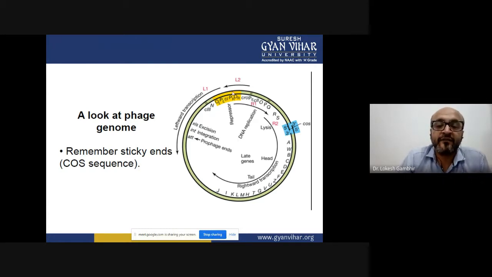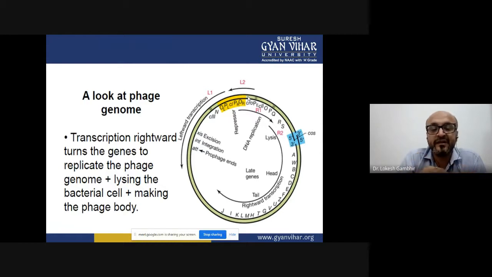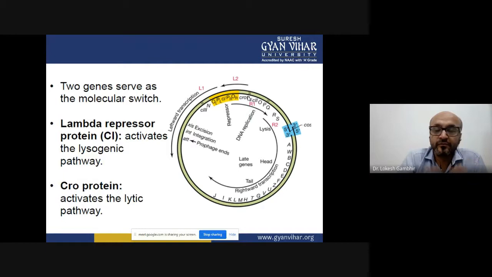After infection, if the left-hand promoter PL is active, it will go for lysogeny, and if PR, the right-hand promoter, is active, it will go for lytic mode. How these promoters get activated, and which proteins are required for their repression or activation, is what we will discuss in terms of regulation of the lytic and lysogenic cycles.